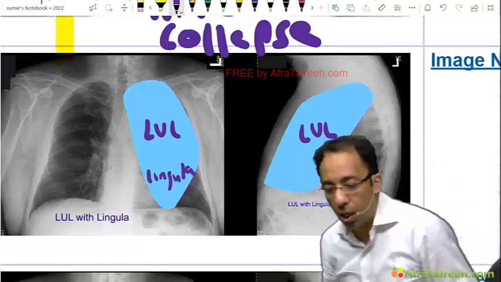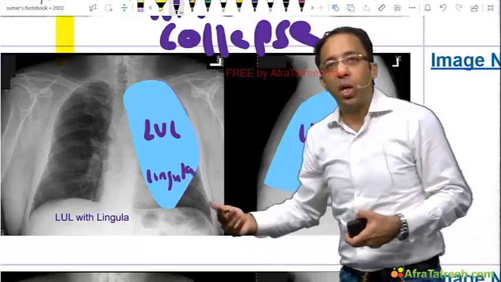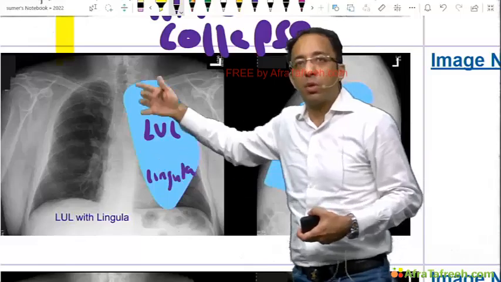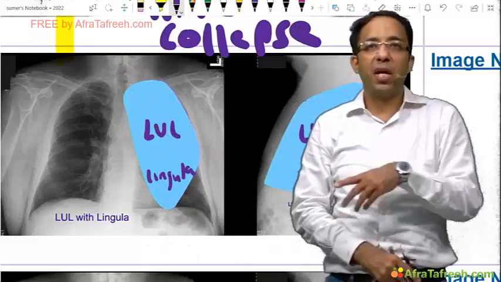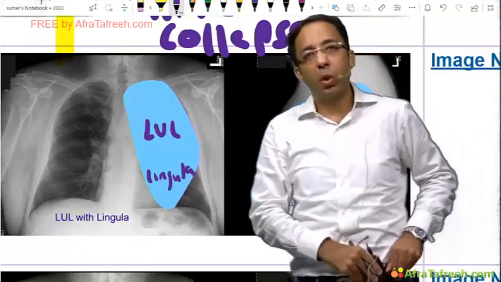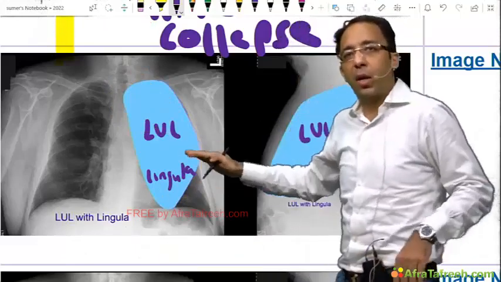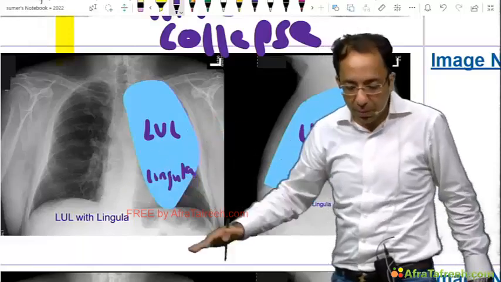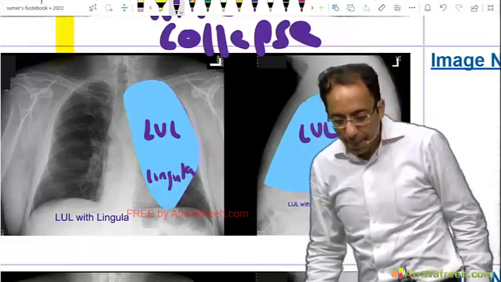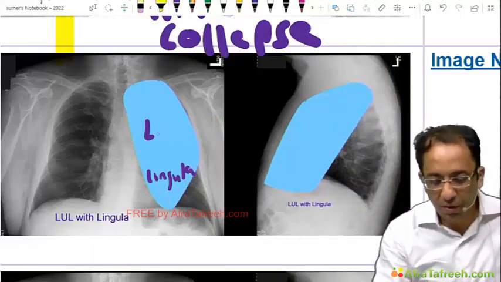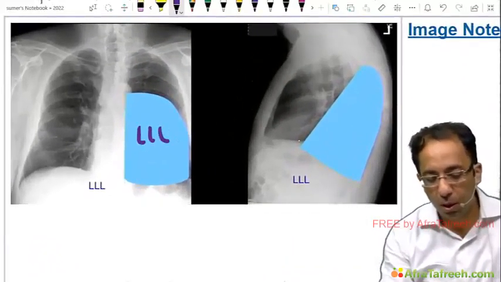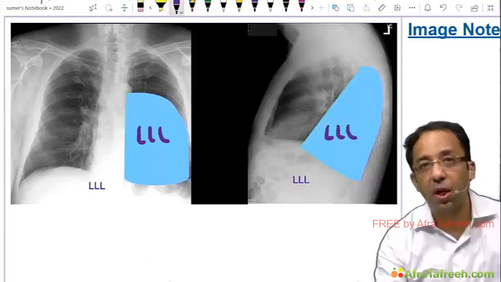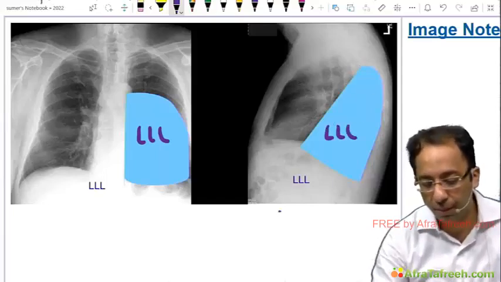Lingula is a segment. These are the segments of the upper lobe. It is not a separate lobe on the left side. The horizontal fissure is not there on the left. So the left upper lobe has lingular segments. Clear? Now this is your left upper lobe. And where is the left lower lobe? Then you have the left lower lobe, which is bounded in the front by a sharp border of the oblique fissure.